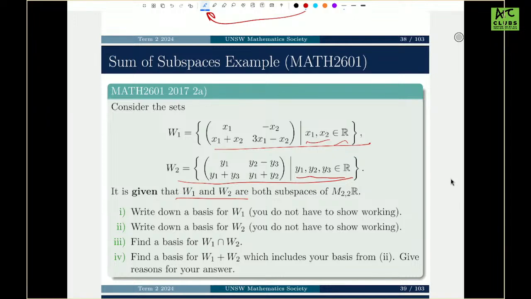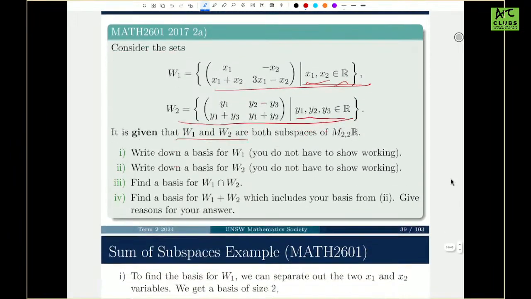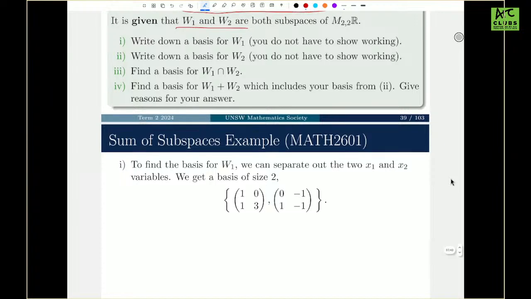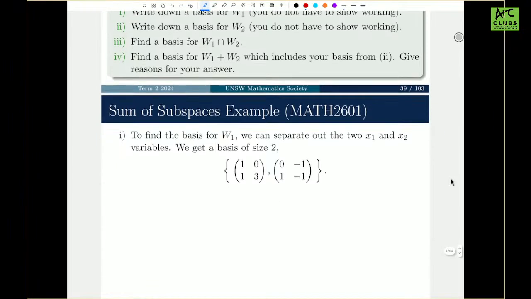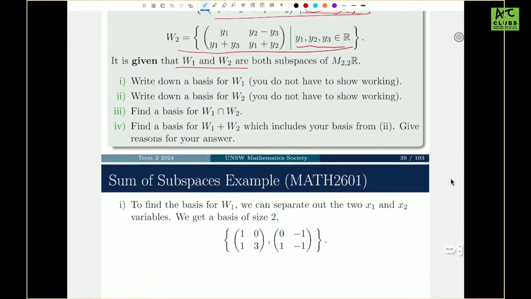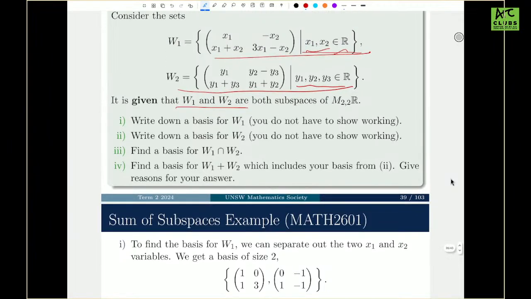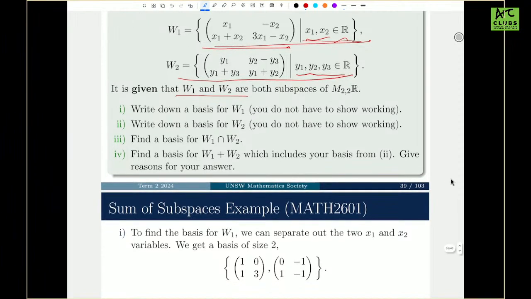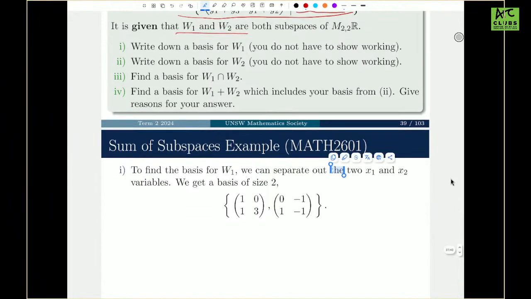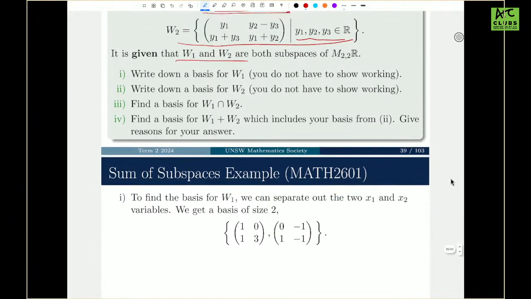Because W1 is created by this X1 and X2, what we can really do is separate out the X1 and X2 by splitting it into two matrices first, one with just X1 and the other with just X2, and then factoring out the X1 from one of them and the X2 from the other one. I might as well show that.